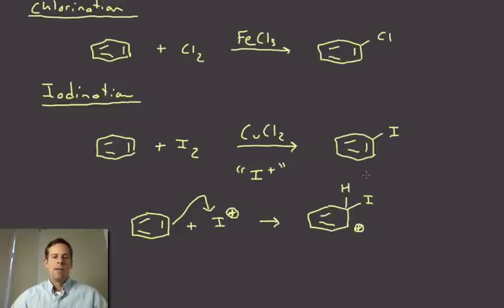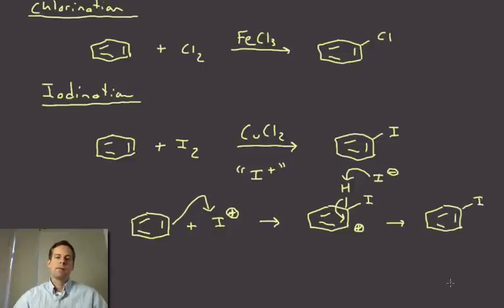Okay, and then we need some base, and the base could be a number of things. We'll just use I- for simplicity. I- is going to deprotonate, which will then return our aromatic ring, and there's our iodinated product. Okay, so that's basically all there is for bromination, chlorination, and iodination.